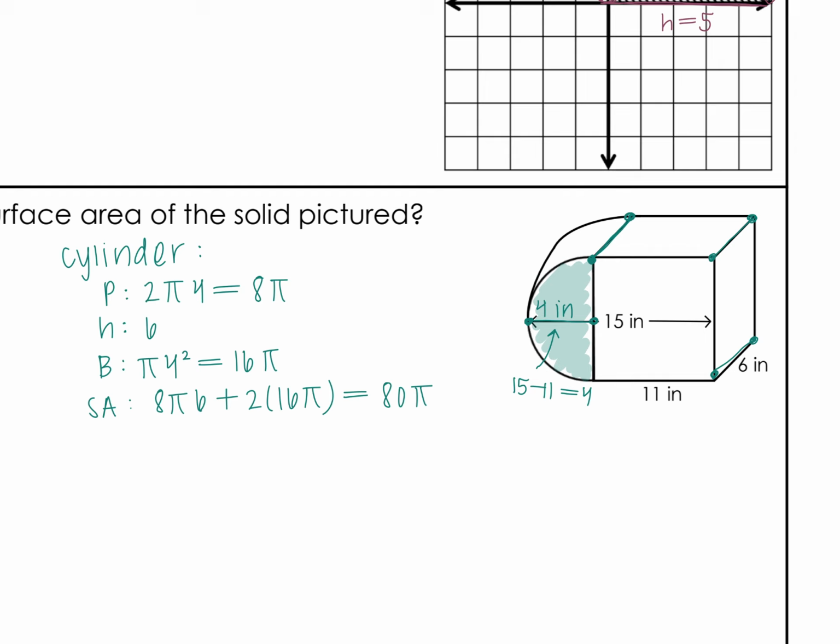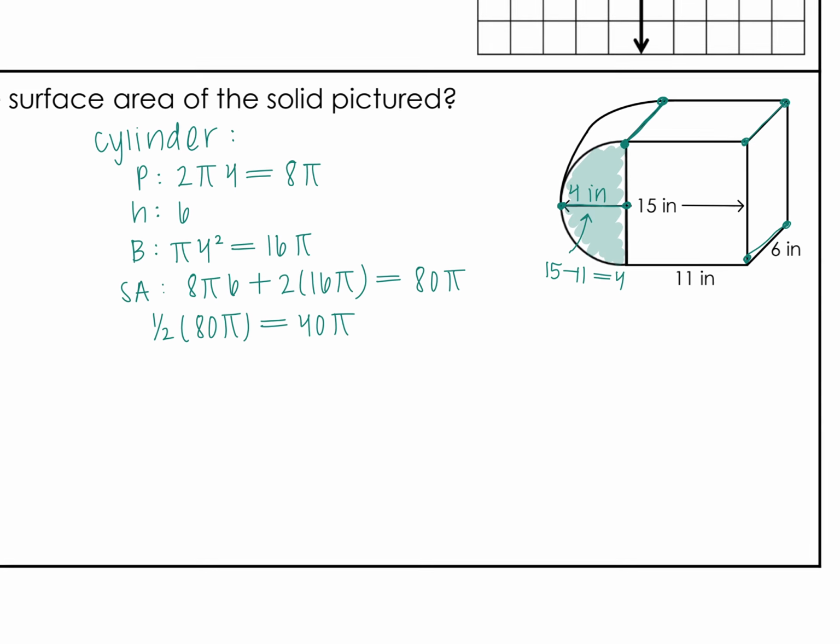Now, I want to mention that this was said earlier to be a half a cylinder, and so we are going to find the surface area that we actually need, take half of this 80 pi to get 40 pi. All right, so that's it for our cylinder.